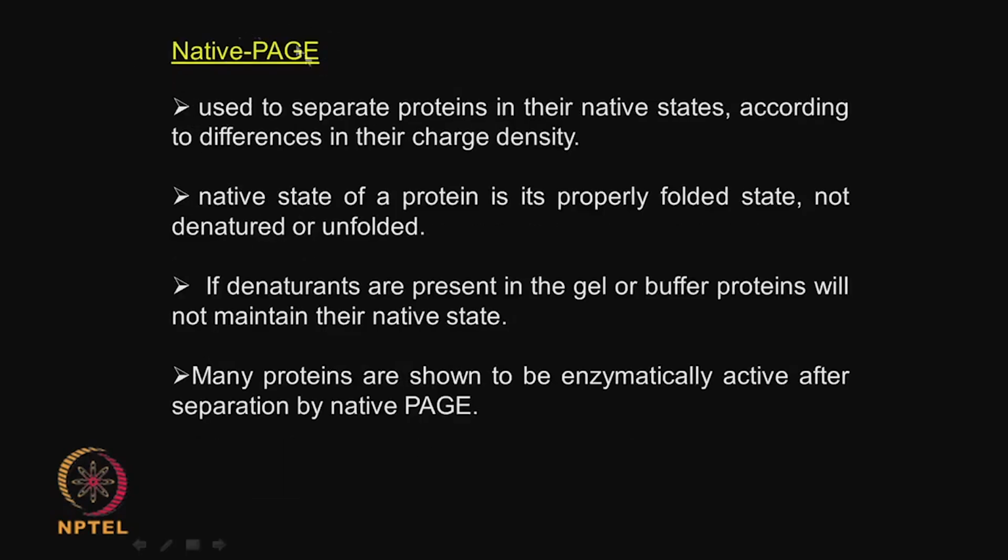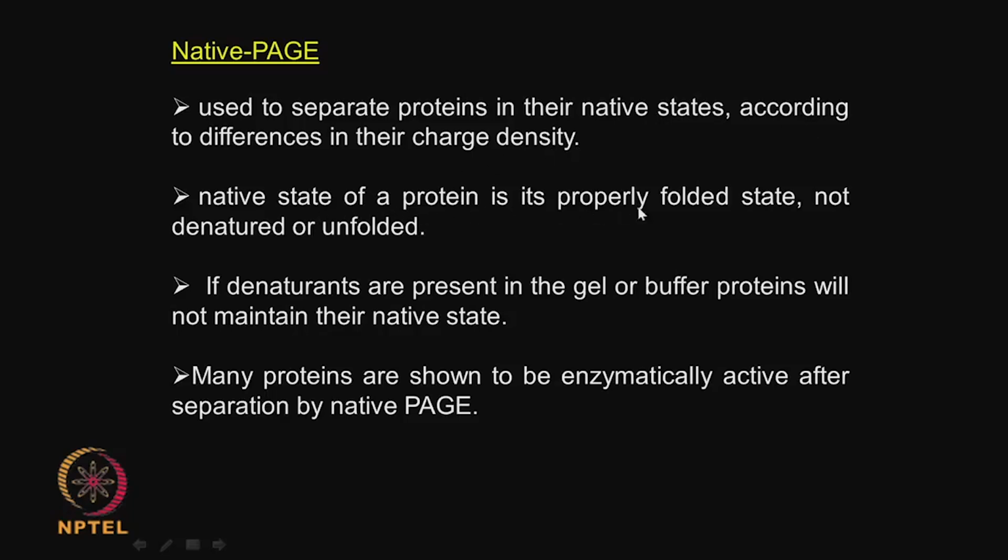Then comes native PAGE. The advantage of native PAGE is that we can get the protein in its active state, unlike SDS PAGE, where we completely destroy the activity of the protein and make it linear. In native PAGE the protein still retains its activity, because you are separating based on native states, according to differences in their charge density.